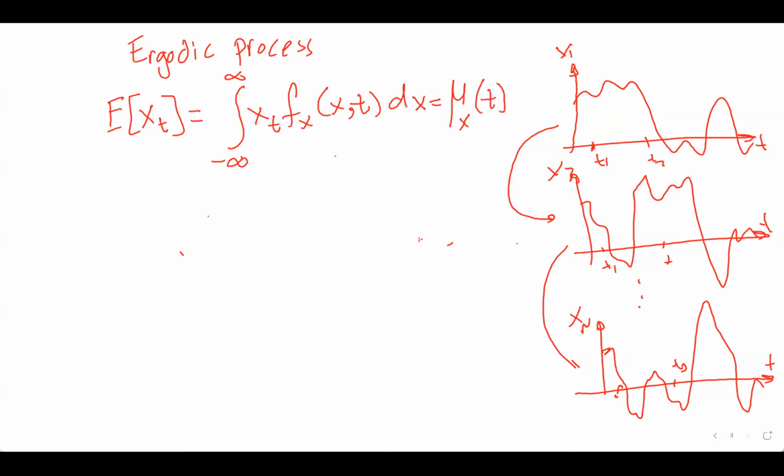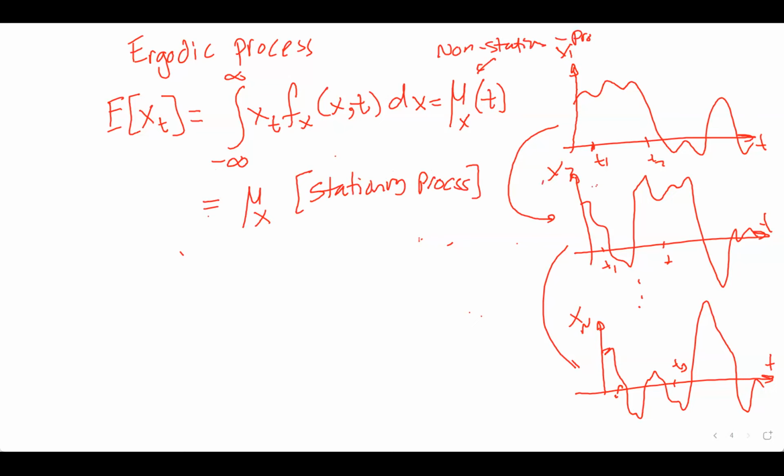This is the general case of a non-stationary process. And the same one will be equal to mu x without t in a stationary process.